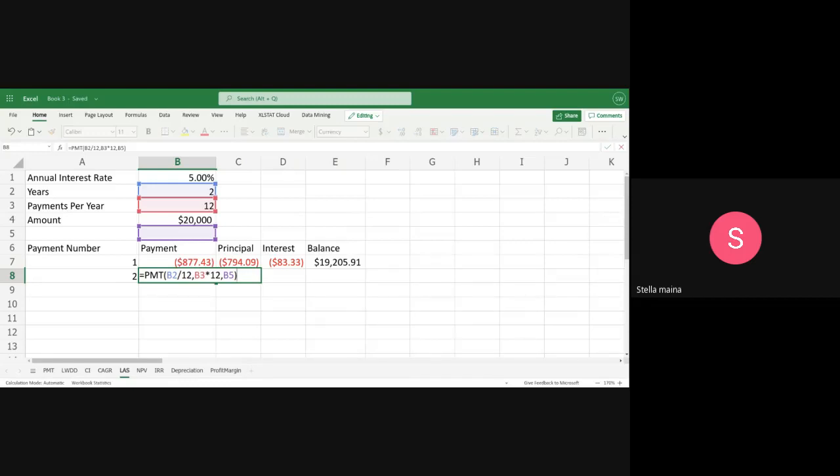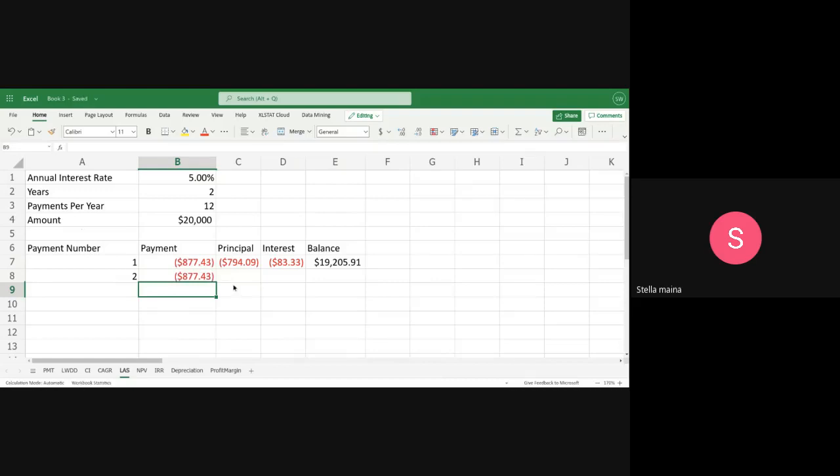So annual interest rate is going to be B1 divided by 12. This is going to be the years, B2. This is going to still be B4.